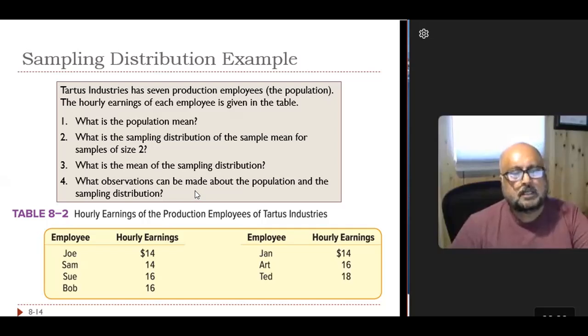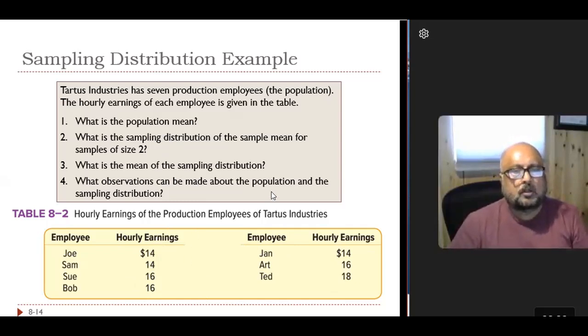So let's first find the population mean. This is all given to us. Basically, this is our population. Population means the whole thing. We have 7 elements here, 7 wages basically, 7 earnings for 7 people.